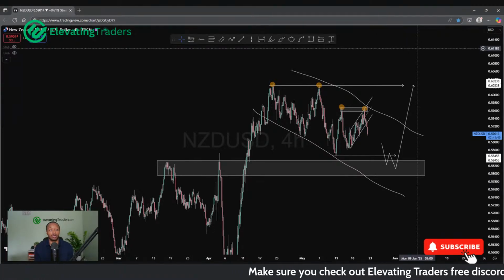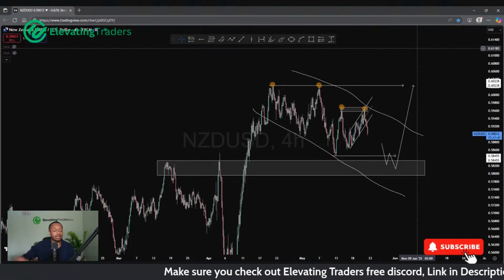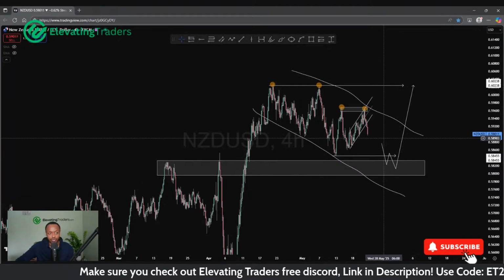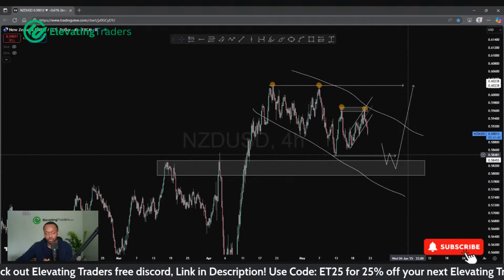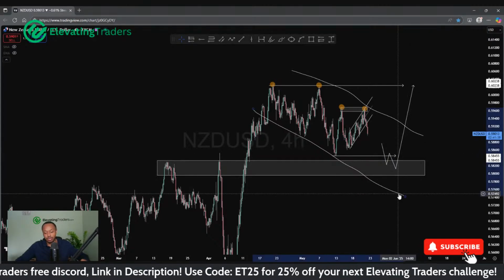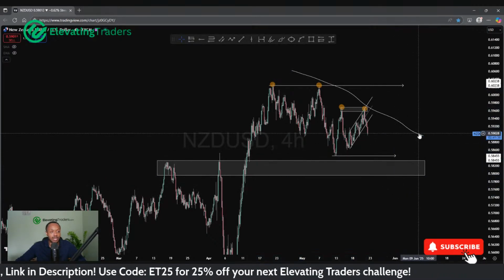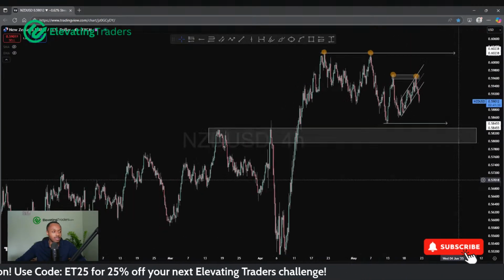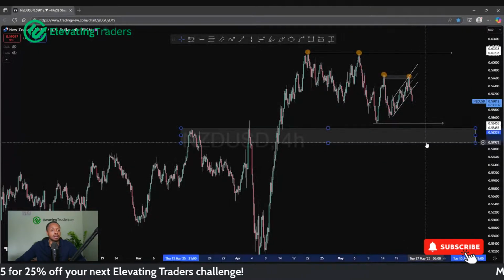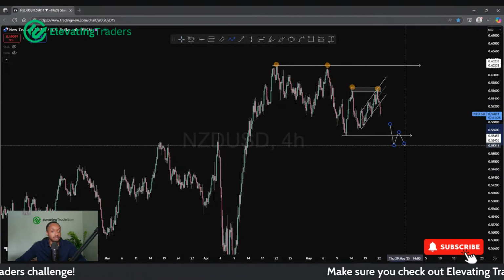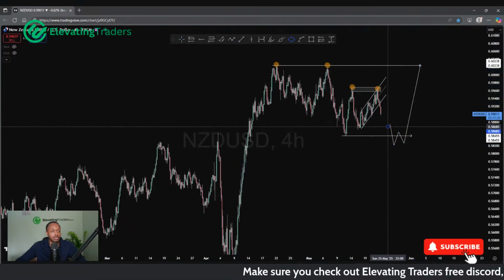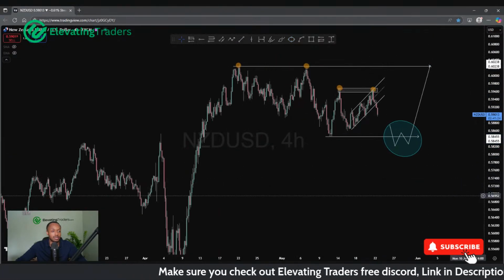But if I'm going to trade that, I need price to be right at the lows so I can get a safe stop loss with optimal entry at the lows, so I can maximize my risk to reward and also make sure that my stop loss is in a safe place where I'm not vulnerable to getting wicked out unnecessarily. That's really where I want price to be, right at the lows, and the buys there. So this is where my interest lies for NZD/USD.